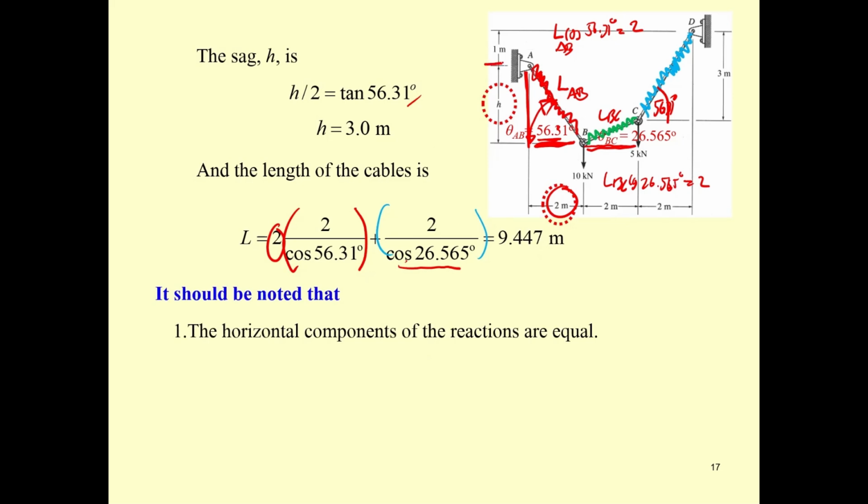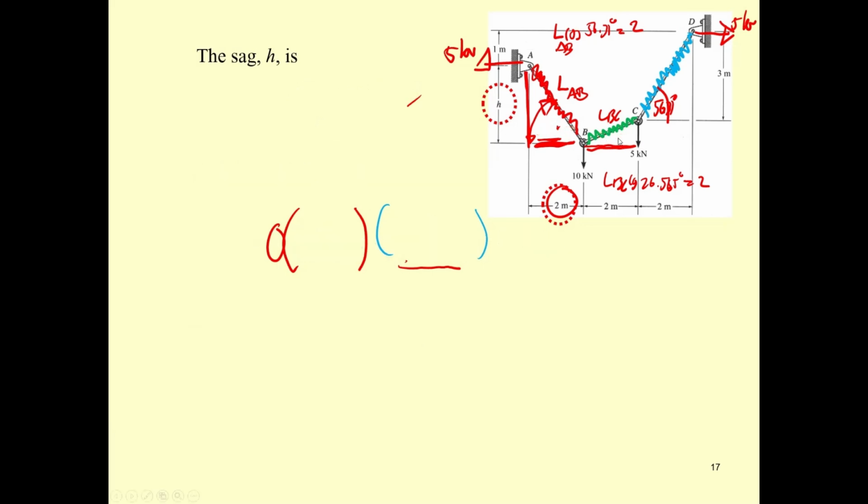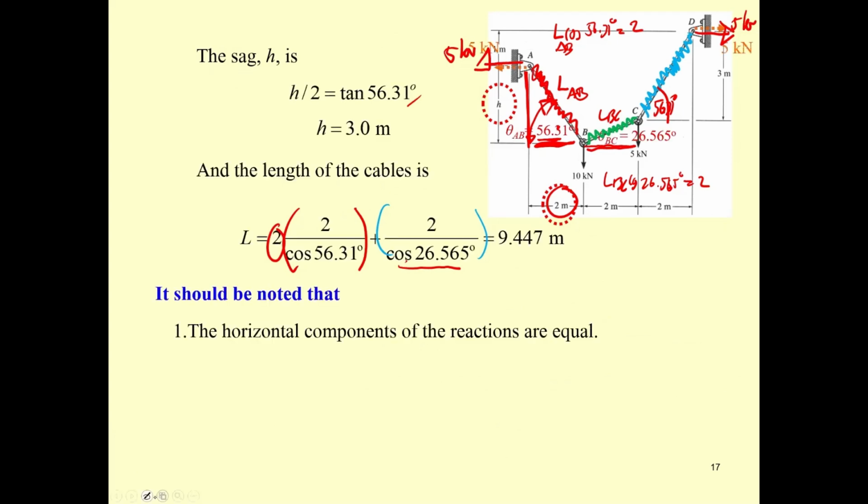If you recall, you will have A sub x and A sub y to be 5 kilonewton, 5 kilonewton. And then if you take the force over here, the force over here, the force over here, also the force over here, I take the force in this portion, that's going to be 5.59. This one has the tension 5.59.